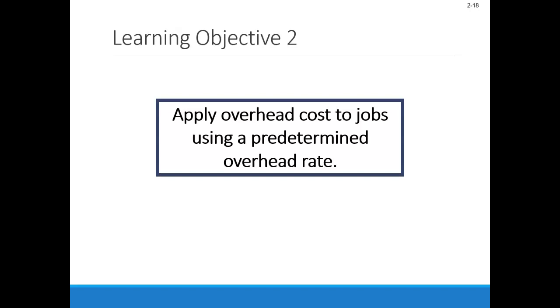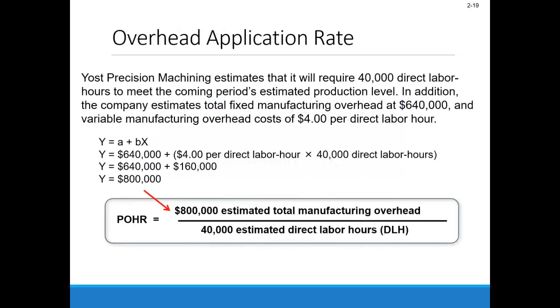Now, we're going to apply this overhead to jobs using this predetermined rate, such as what we just figured out. Yoast Precision estimates it's going to require 40,000 direct labor hours to meet the coming period's estimated production level. In addition, the company estimates total fixed manufacturing overhead at $640,000 and variable manufacturing overhead costs at $4 per direct labor hour.